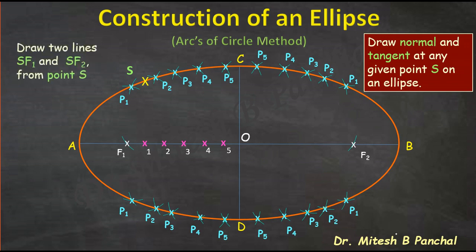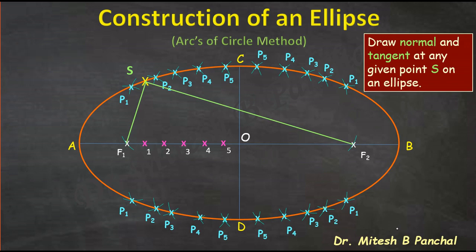First draw two lines SF1 and SF2 from point S. Now draw a bisector of the angle F1 S F2.